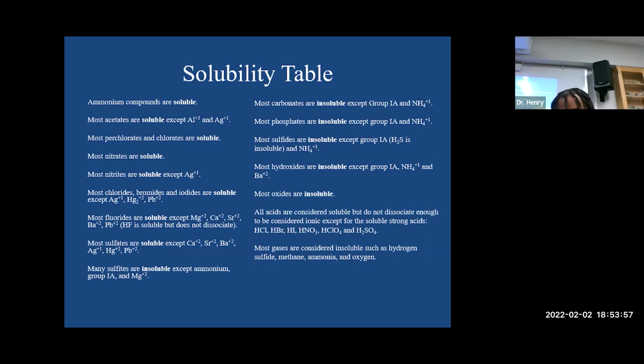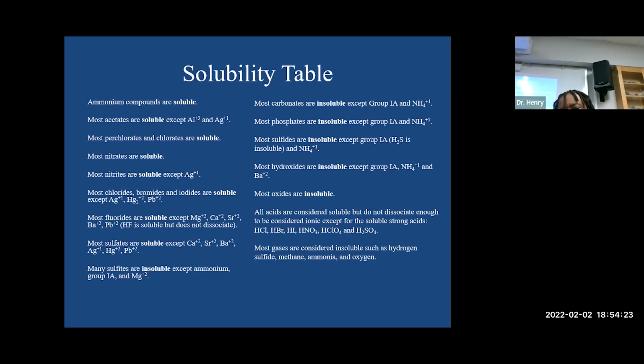And sulfites are going to be insoluble except for ammonia, group 1 metals, and magnesium. Carbonates are going to be insoluble except for group 1 metals and ammonium. Phosphates, same thing, insoluble except for group 1 metals and ammonia.